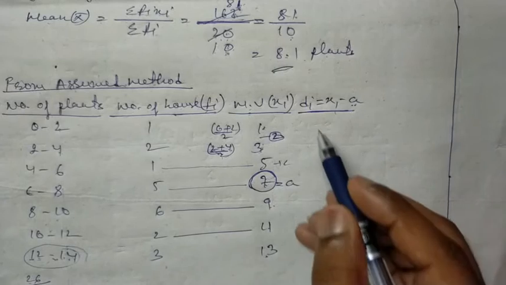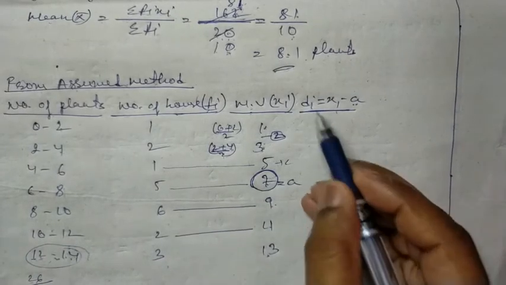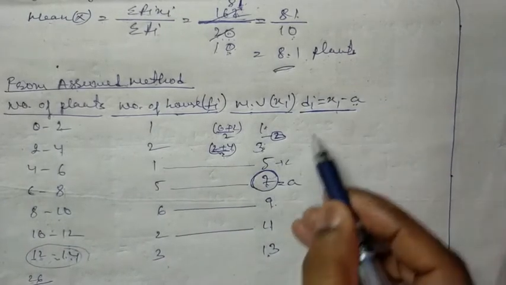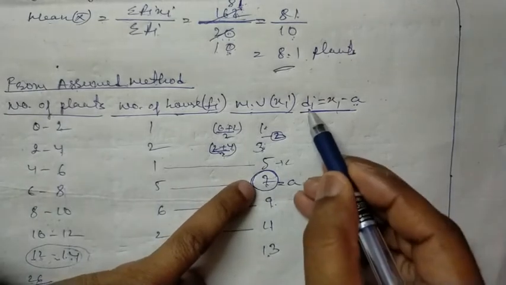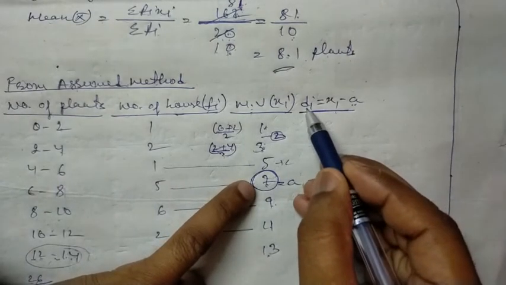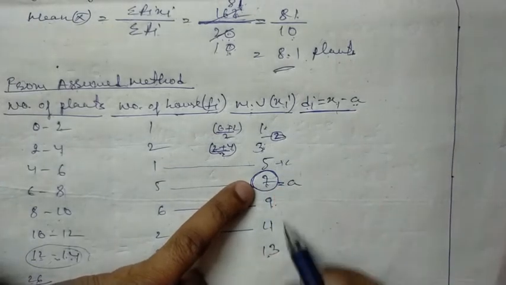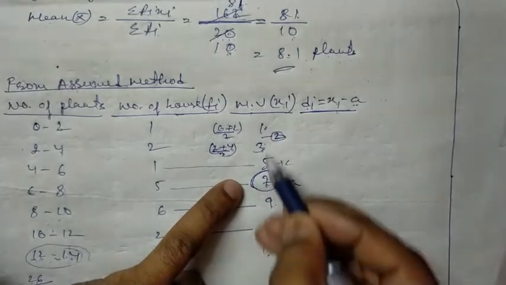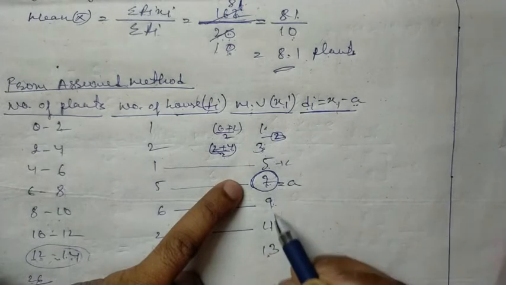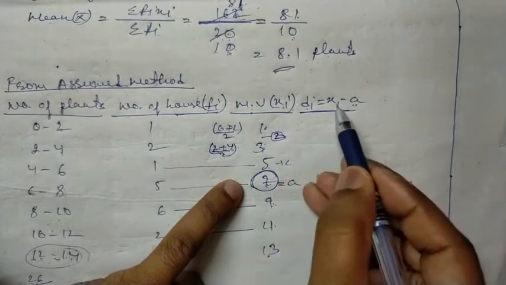So how can we get the value of di here? Here di is called deviation, and xi is the mid value. All the values here, 1, 3, 5, 7, 9, 11, 13, are xi.